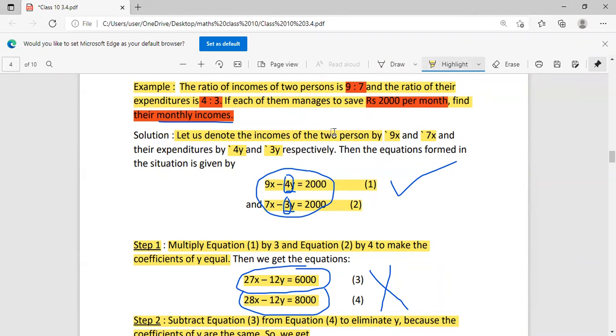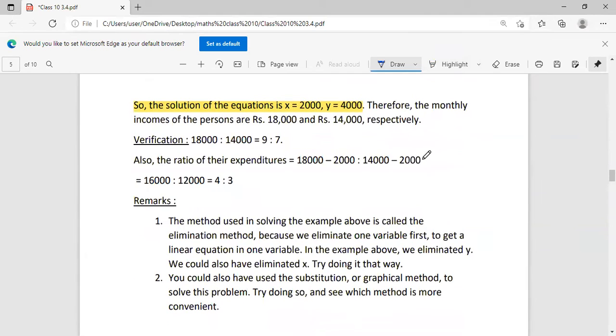The monthly income of the first person is denoted as 9x rupees, but we know the value of x as how much? 2000. So 9 into 2000, and you get the income as 18,000, and that of the second person is rupees 14,000.